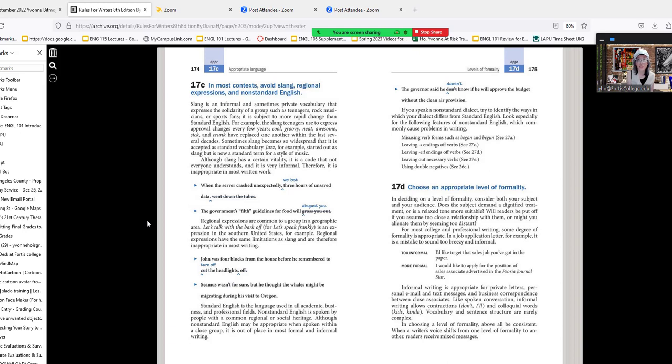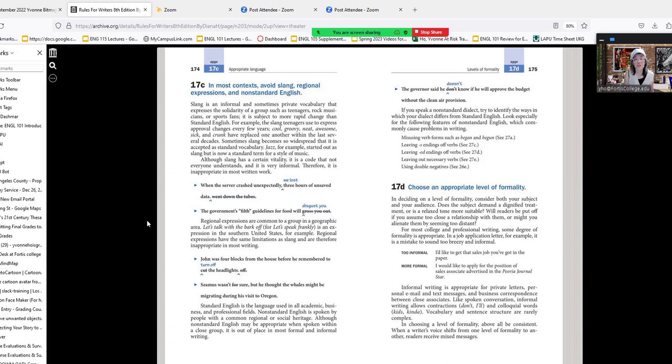So keep the informal writing at home with your friends and family. That's why you try not to use first person and second person in your academic research papers, and stick with third person.